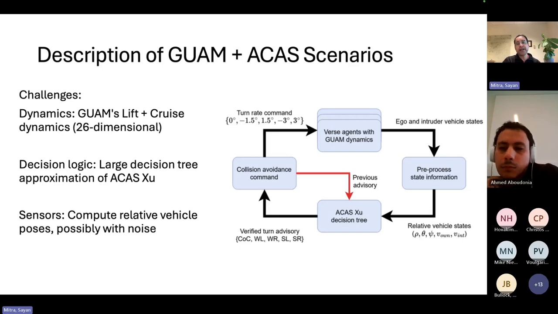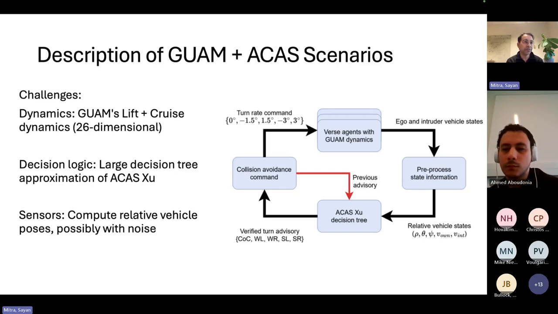Instead, we are thinking of the complexity of the decision tree as a way of highlighting the capability of Verse in handling complex decision-making processes. Even if it's not a good representation of ACAS-XU, it has a tree of depth 100 with so many branching conditions, and yet we are able to perform the reachability analysis on it.